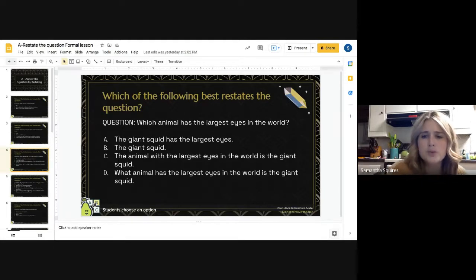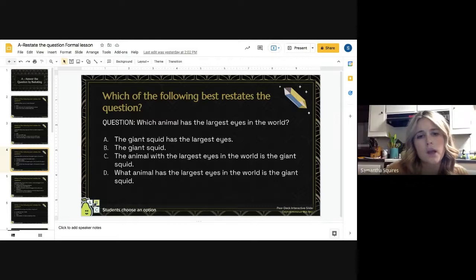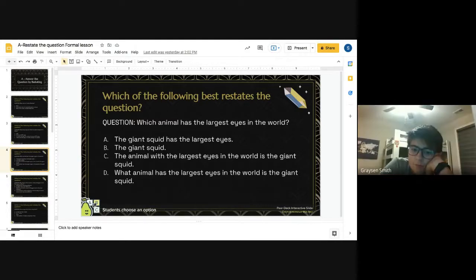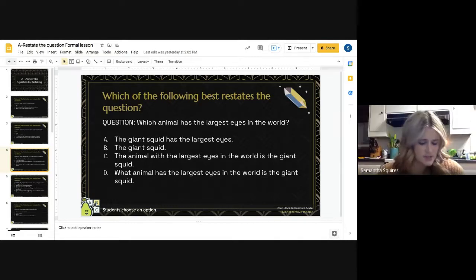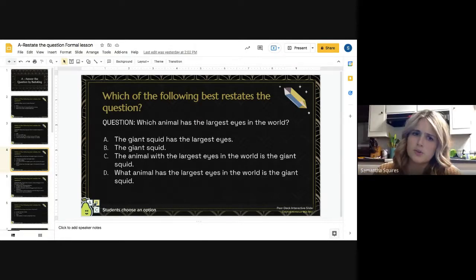Between those two, which one would you pick? C. Okay, and why wouldn't you pick D? It's worded weird. Yeah, and what word does it start with? What. And how do you usually end a sentence that starts with what? Question.